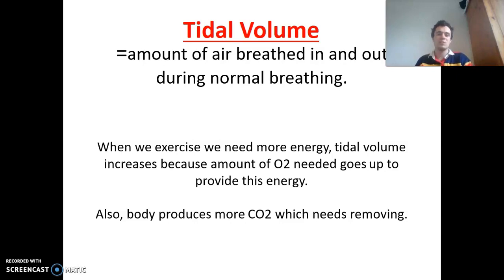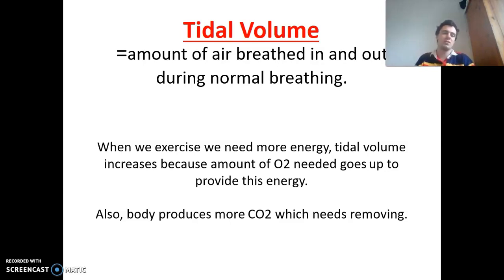When we exercise, we need more energy. So the tidal volume increases because the amount of oxygen we need for our working muscles goes up in order to provide this energy. So we start exercising and we need more energy. So we breathe heavier, we breathe in more oxygen, and this creates more energy for our working muscles.